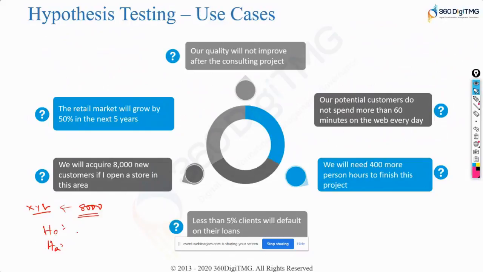By default, you are saying no, do not start the branch in that particular area. No action condition, right? So the default action is you don't have a branch there, so you say no action. And then the alternate hypothesis is to take action. So again, you collect the sample data and see whether the number of customers is less than or equal to 8,000. If yes, then null hypothesis. If it is greater, then we will go with the alternate hypothesis.